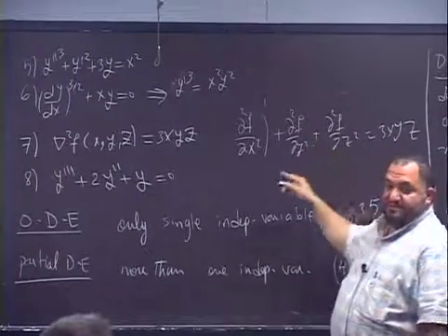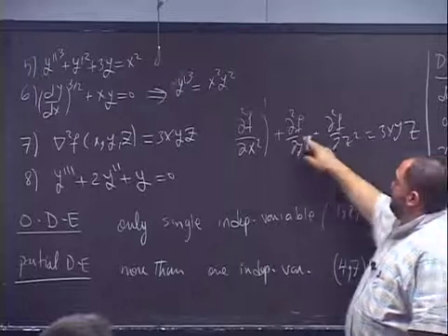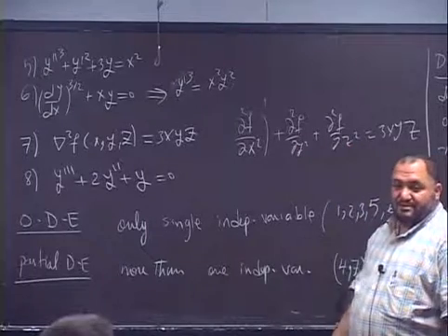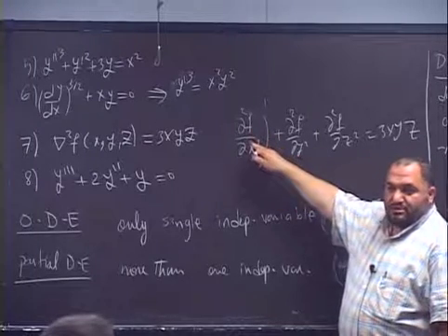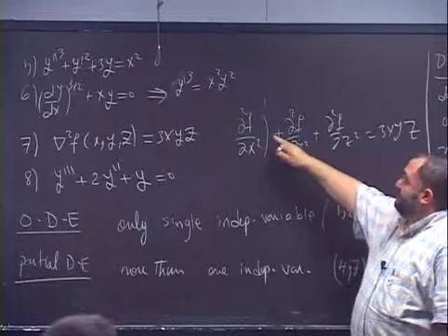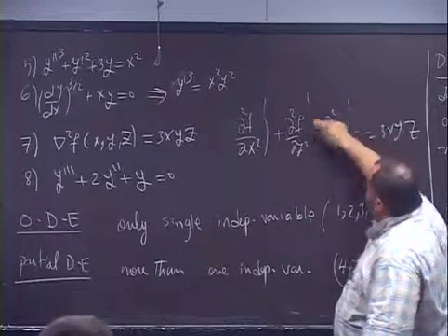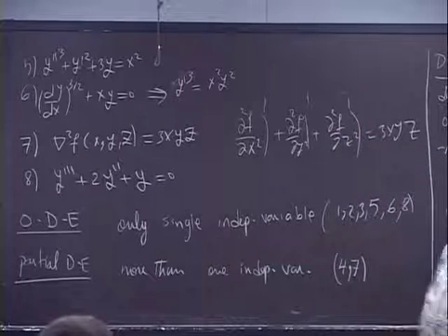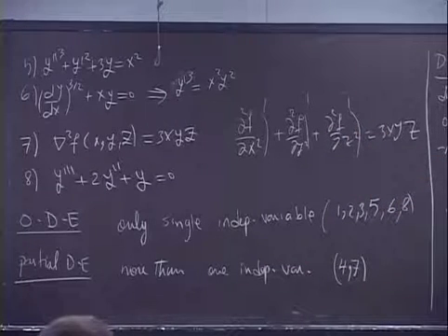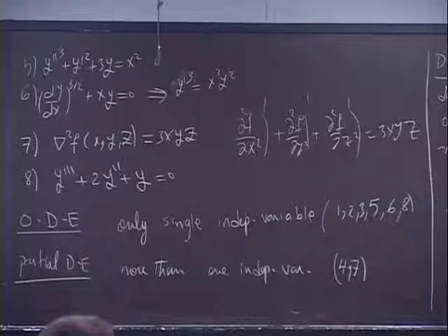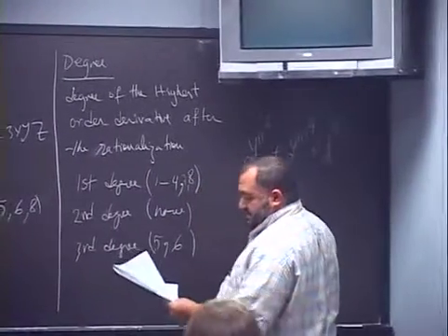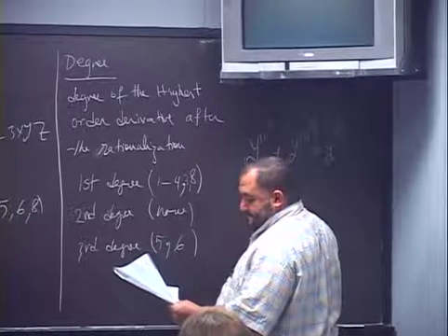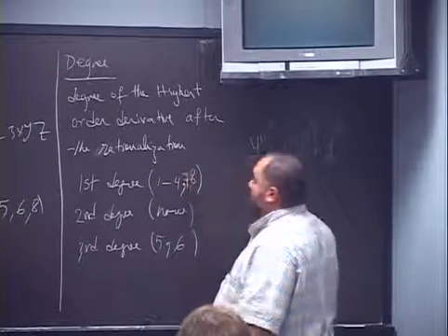The highest derivative is the second derivative. This is a second order equation. And the degree of each one of those is first. So it is first degree. Yes, but this is a partial differential equation. I can say number 7 and 8 here.